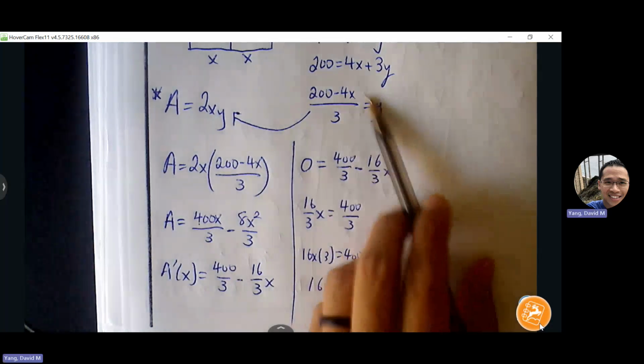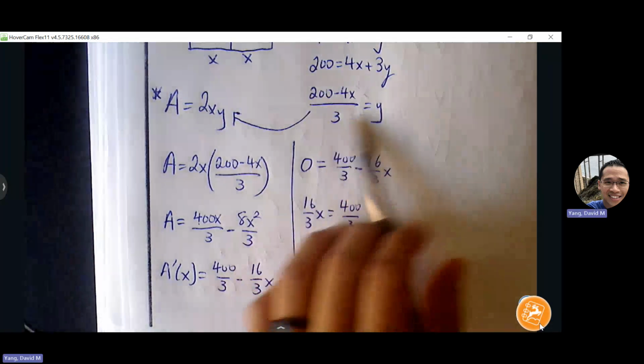Once I solve for x, I can plug into any of the equations that is solving for y here.